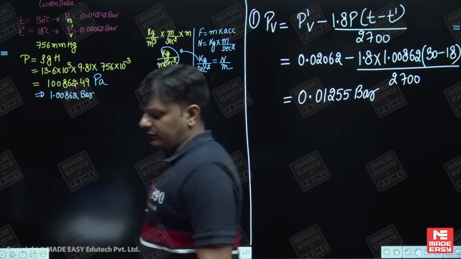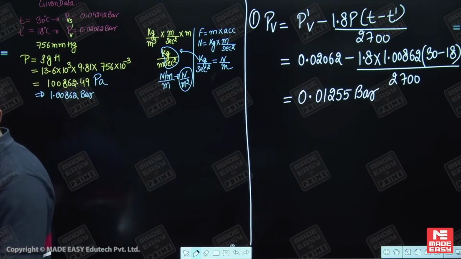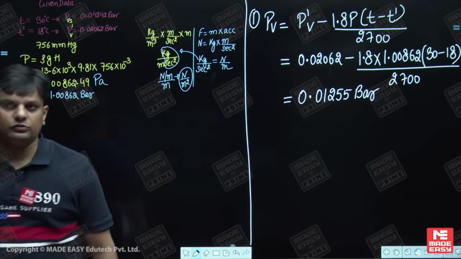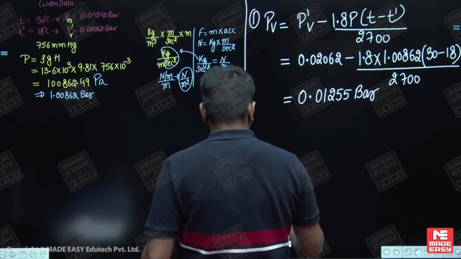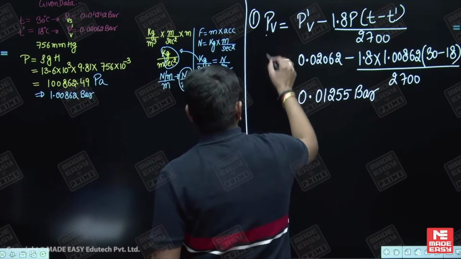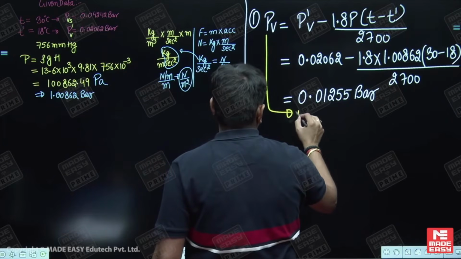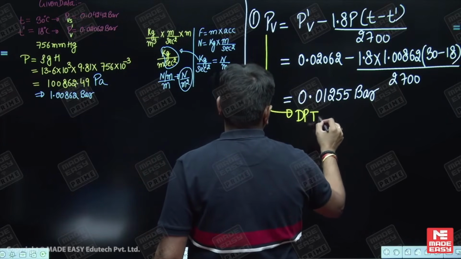This is the value of the partial pressure of water vapor, 0.0125126. If you want the dew point temperature, it is the saturation temperature corresponding to the partial pressure of water vapor.